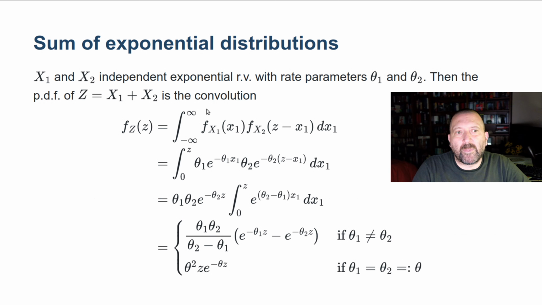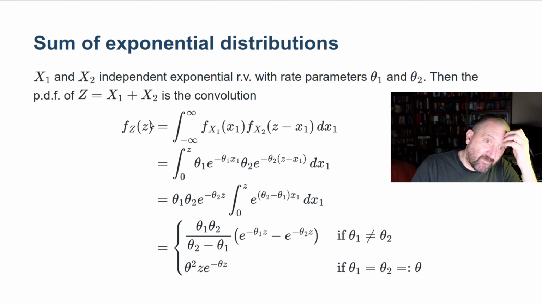Suppose I have two random variables, both exponential, and they're independent, which means that what happens with one doesn't influence the outcome of the other. They've got rate parameters theta 1 and theta 2. Then the probability density function of the sum of those is obtained using the convolution.